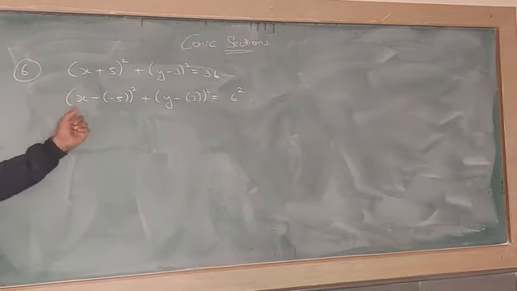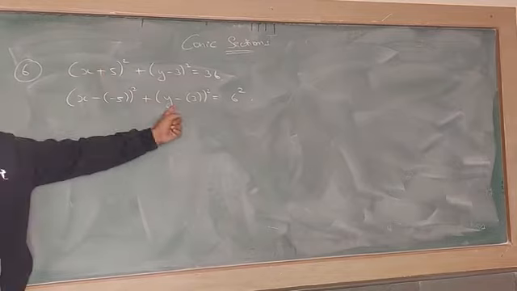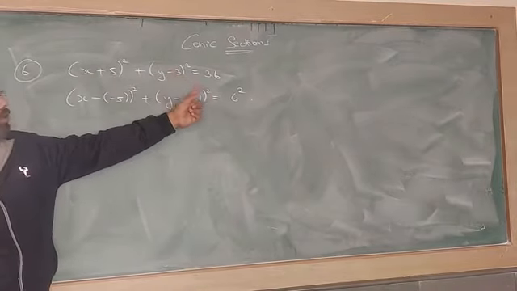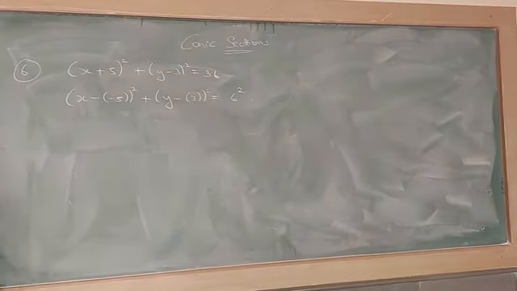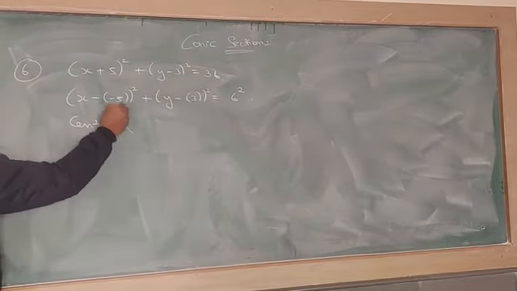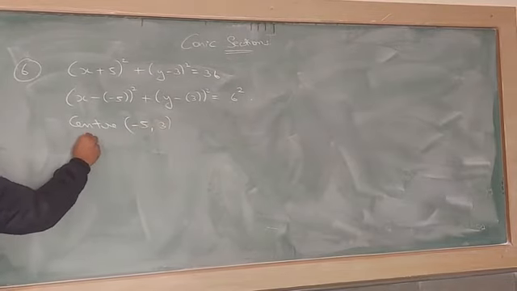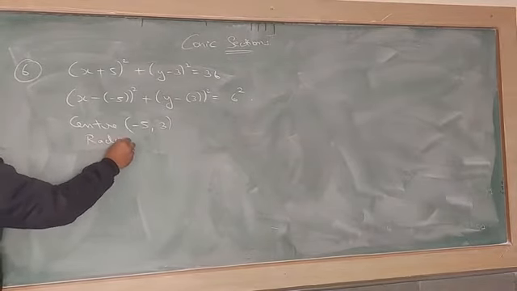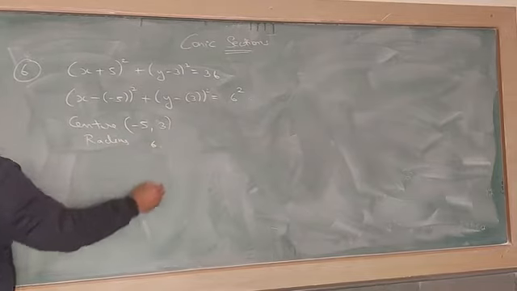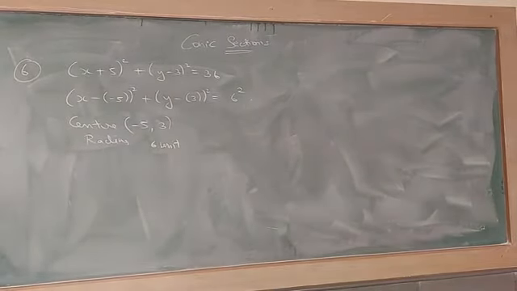Okay, x minus h, because this is plus only, and y minus k, and here r square. So center is what? Here center is minus 5 comma 3 and radius is 6 unit.